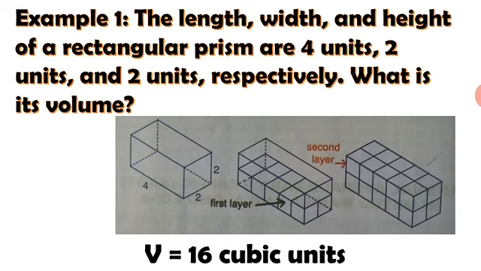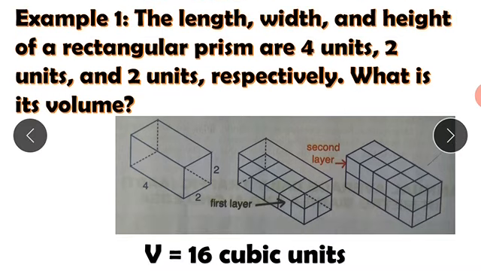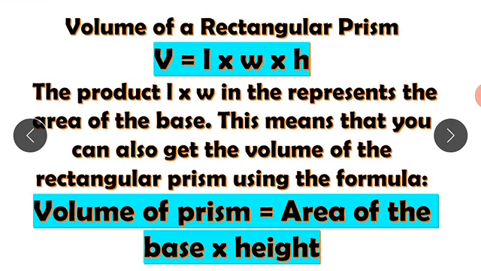So the first layer is 8 and the second layer is 8. If you count all the cubes, that would be 8 for the first layer and 8 for the second layer. That is 16 cubic units. Okay, 4 by 2 by 2, that must be 16 cubic units.